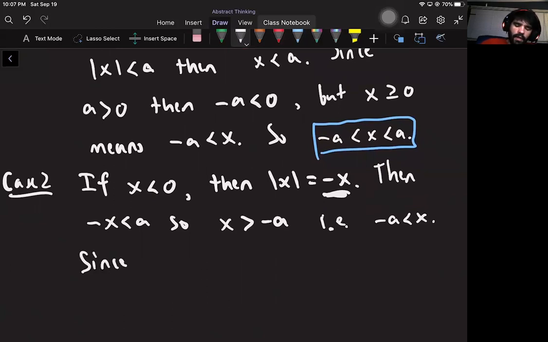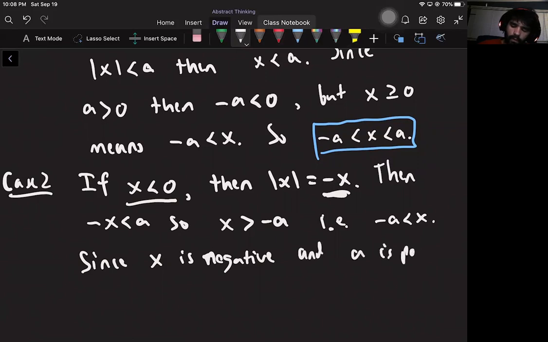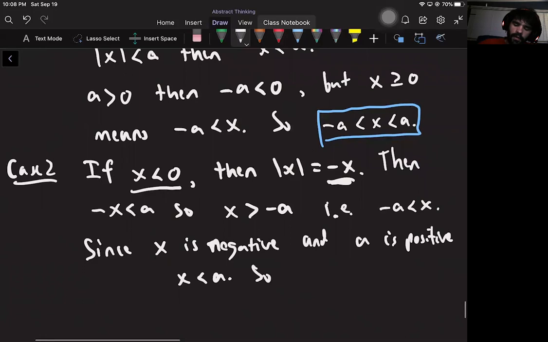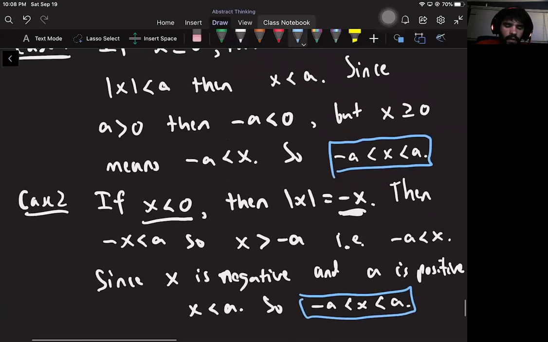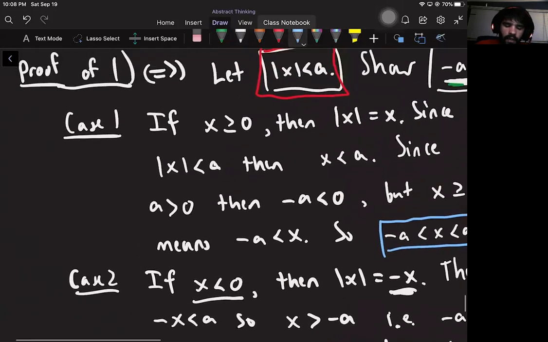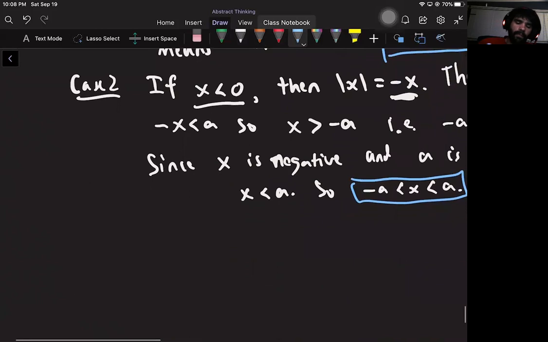Since X is already negative to start with, that's what we assumed in this case, and A is positive, a negative has to be smaller than a positive automatically, so we just immediately get that. Putting these together, we once again get that X is trapped between negative A and A. So we proved the conclusion holds for positives and 0 and also for negatives. Therefore, we've proven it for all real numbers.